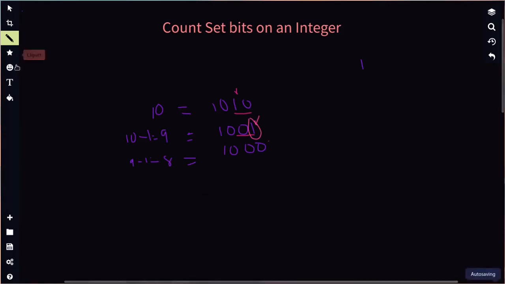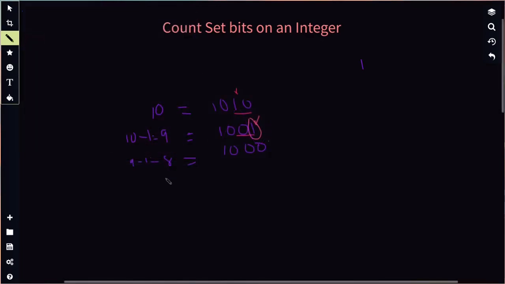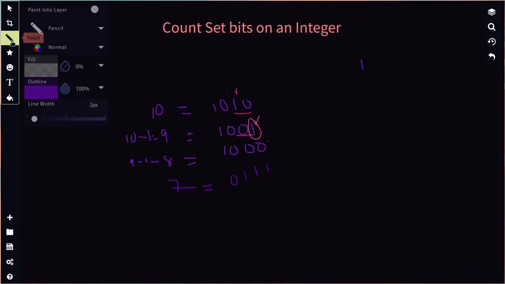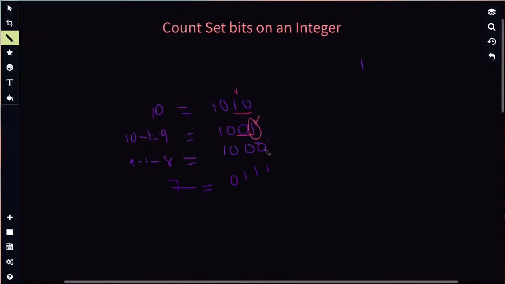Let's take another example. Let's reduce from 8. 8 minus 1 is 7. What is its binary representation? It's 0 1 1 1. This example will clarify all your doubts. What is the rightmost set bit in 8?